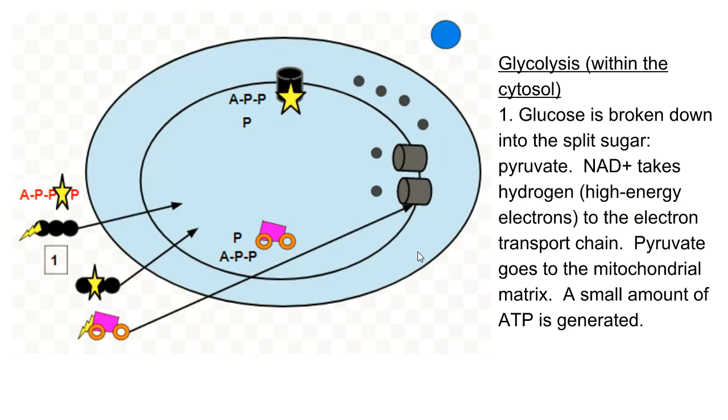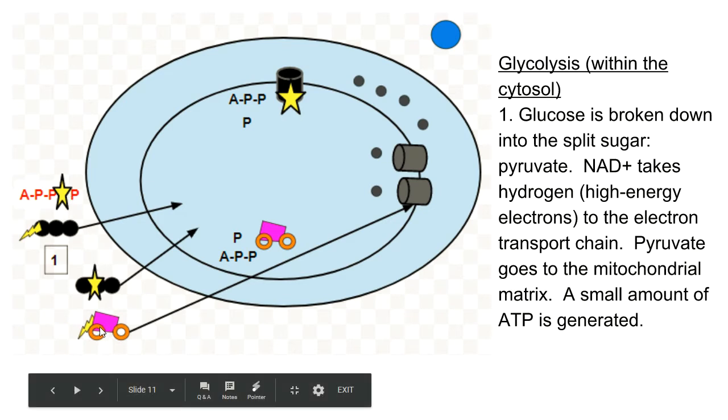So if we're moving on to these steps, the very first thing we do is split the sugar. So glucose is broken down into two pyruvates. We make a little ATP, and we also carry those electrons, those high energy electrons, the hydrogen, to the electron transport chain. Those two pyruvates are going to proceed to go into the matrix.